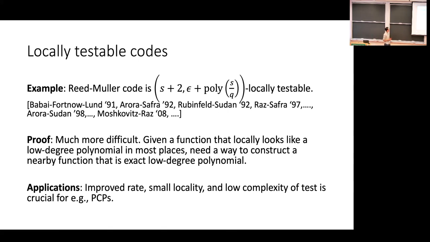It's much more difficult to prove. Basically, someone hands you an evaluation table, some function that, if you look at local pieces of it, looks like evaluations of a low degree polynomial. Can you deduce that this thing was actually globally close to a single low degree polynomial? That's the hard part, and there are different ways of proving it.